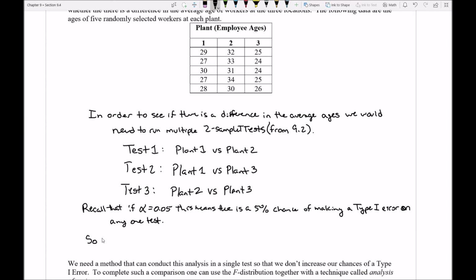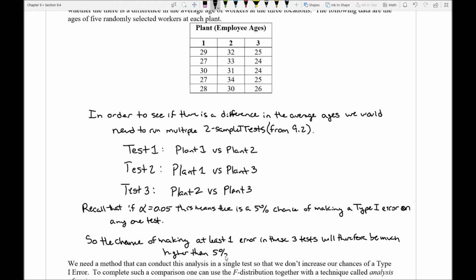So I'll state here that the chances of making at least one error in these three tests will therefore be much higher than 5%. So the chances of making this type 1 error is really going to continue to increase.